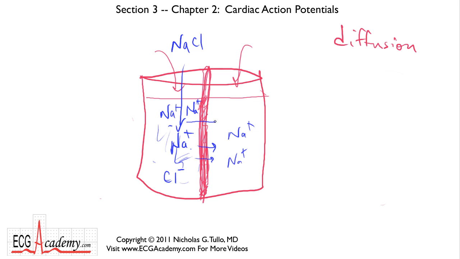The force is proportional to the concentration, so the higher the concentration, the more force to push these sodium ions through the tiny pores in this membrane. Eventually the sodium on both sides is equal, and there is still movement back and forth, but the net movement doesn't change, and the sodium concentration stays the same on both sides. Okay, so that's the simplest concept of diffusion across a membrane.